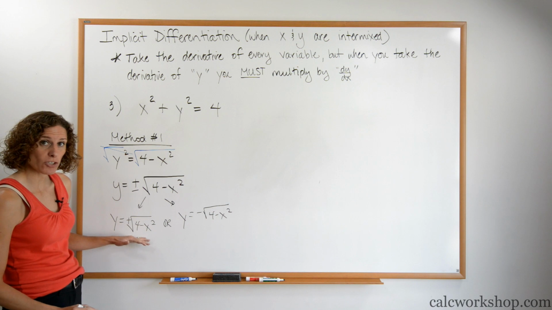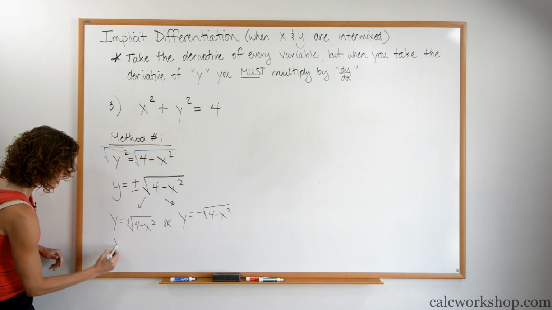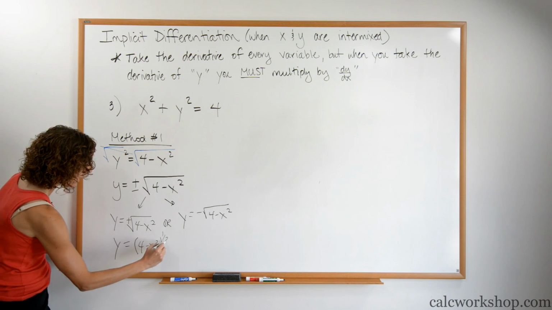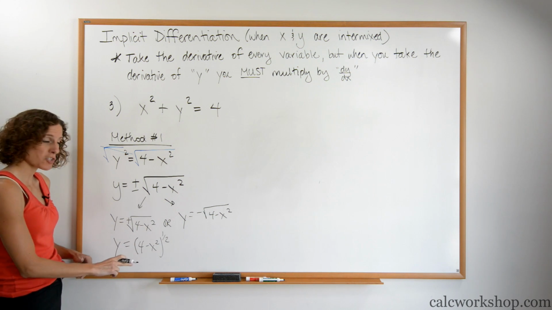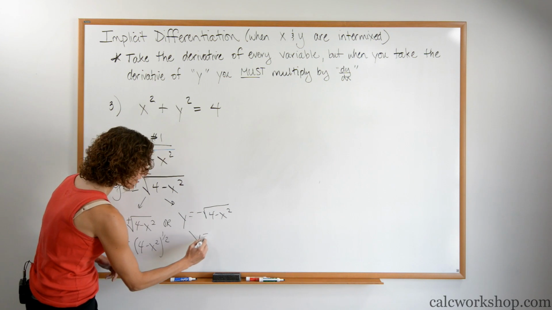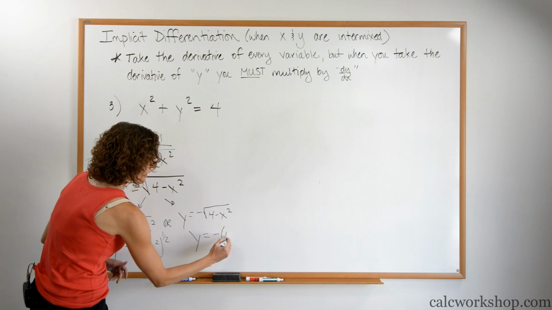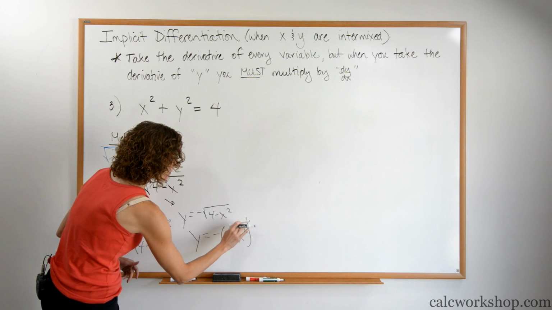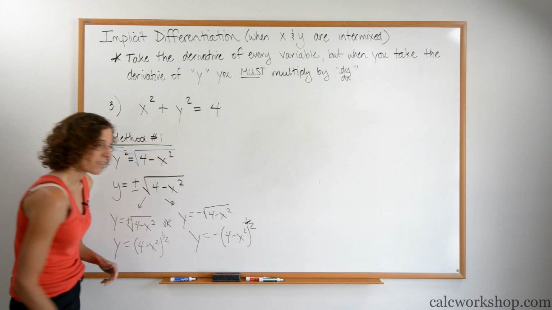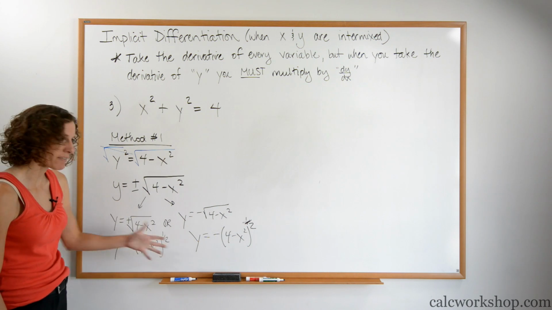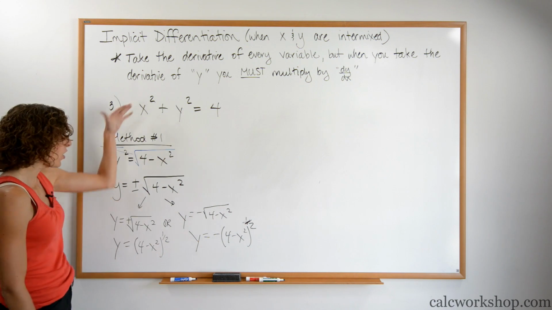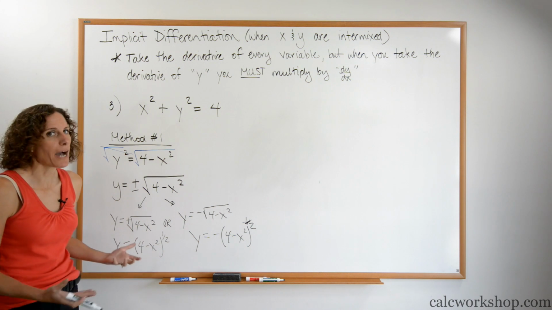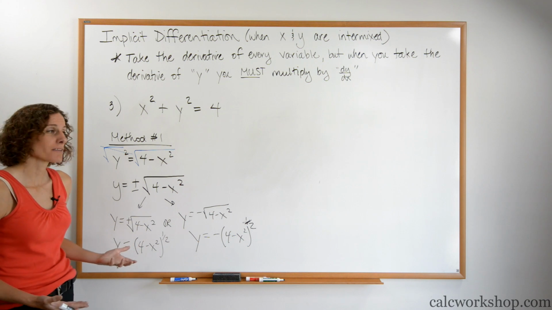And then I'm going to have to turn this into a chain rule by saying y equals 4 minus x squared to the 1/2 power, take the derivative with a chain rule, and do it again over here with the negative, and 4 minus x squared to the 1/2 power. That is a lot of work, and I haven't even begun to take a derivative yet. All I've done is simplify the problem so I can take a derivative. There's got to be a better way, and there is.